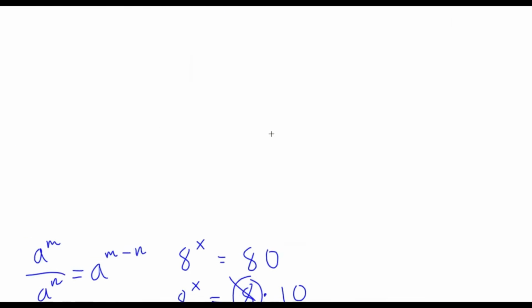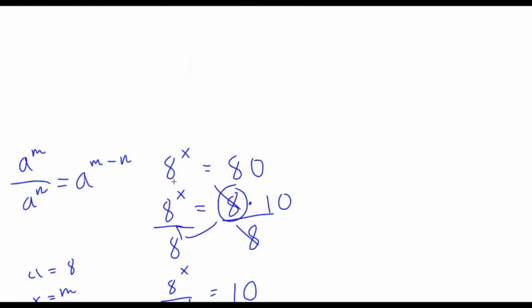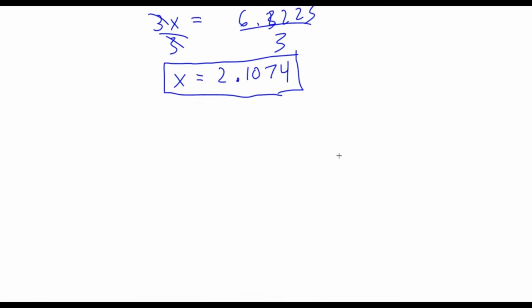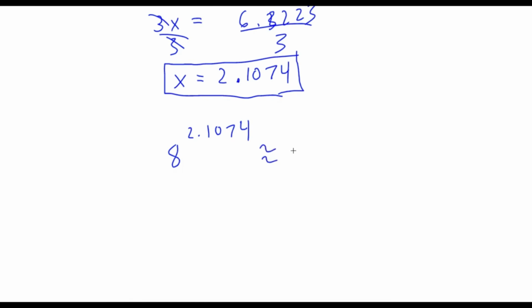And now, remember our original equation was 8 to the power of x is equal to 80. So if I plug 2.104 into my calculator, 8 to the power of 2.104, and yep, it is indeed approximately equal to 80.